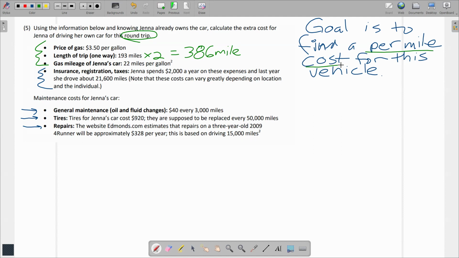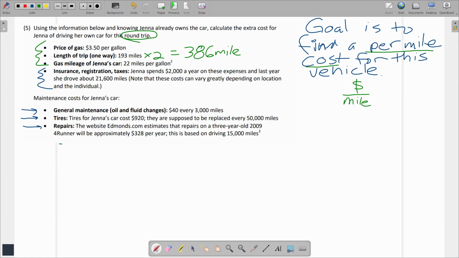All right, so we're going to start with the gas. And what do I know about the gas? So a per mile cost means for every one of these instances, I'm trying to come up with some amount of dollars per mile. So I'm going to ignore the total trip for a minute.